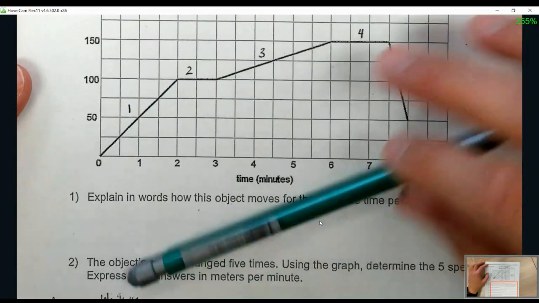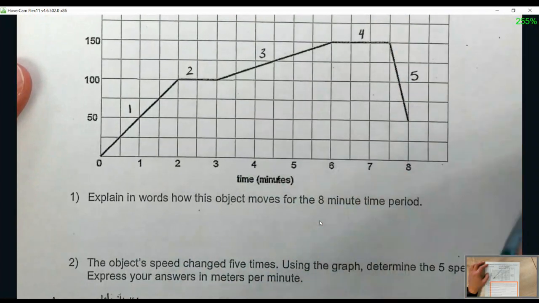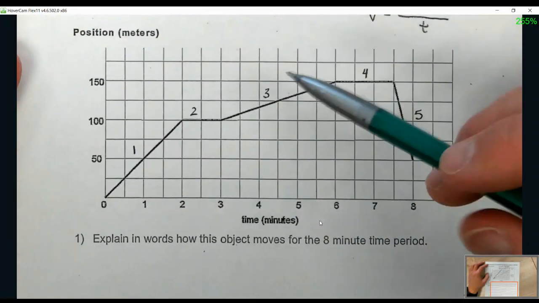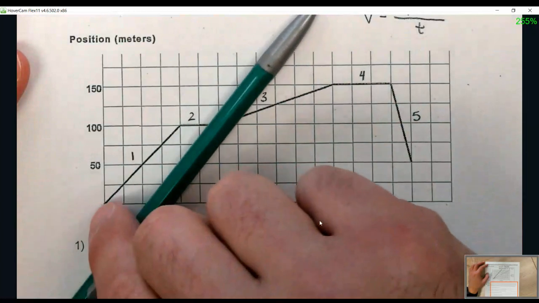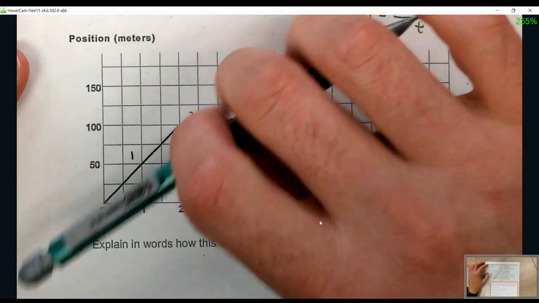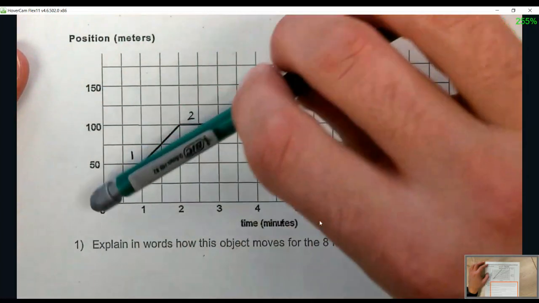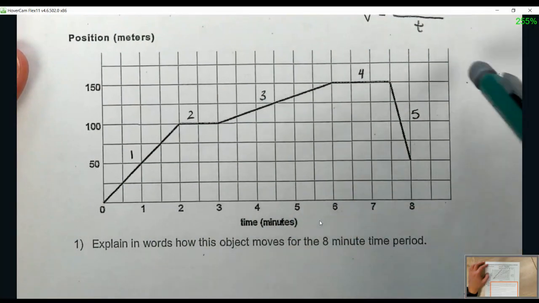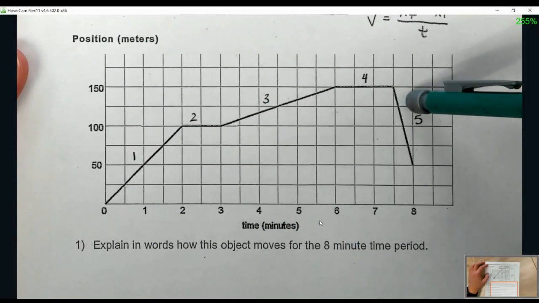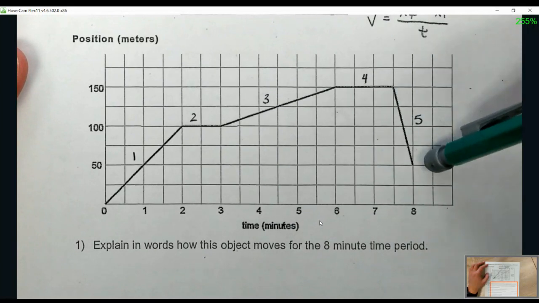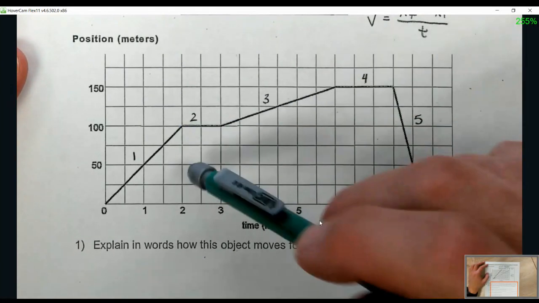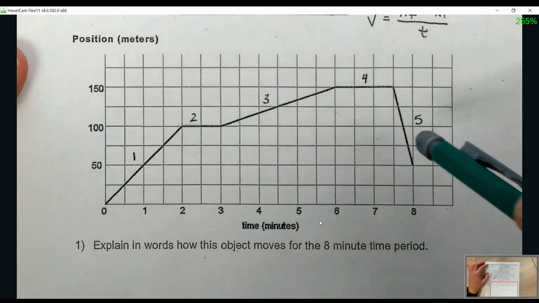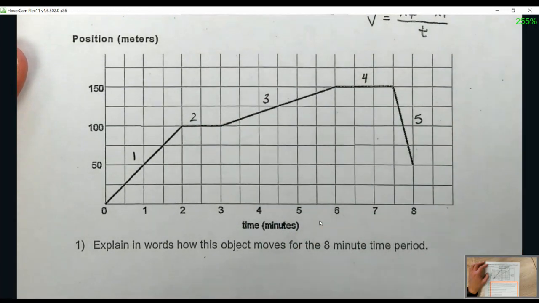No curve. So that means those things are moving at a constant velocity on a position versus time graph, where you're increasing your position at a constant rate. So that means you're basically going at a constant velocity, constant speed in this case, positive direction. Constant velocity in the positive direction. Line 5 is constant velocity in the negative direction. Flat lines, what do flat lines mean? Not moving. So what we're going to do is we're going to break this down.